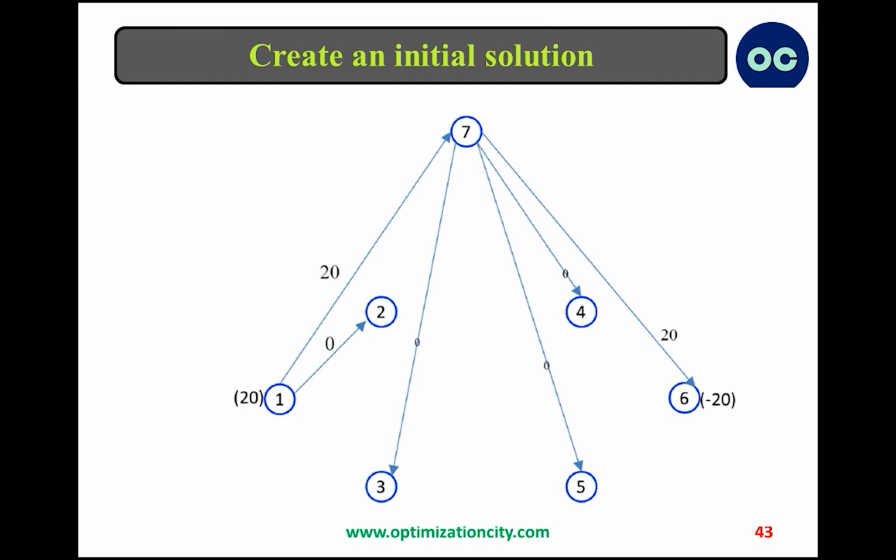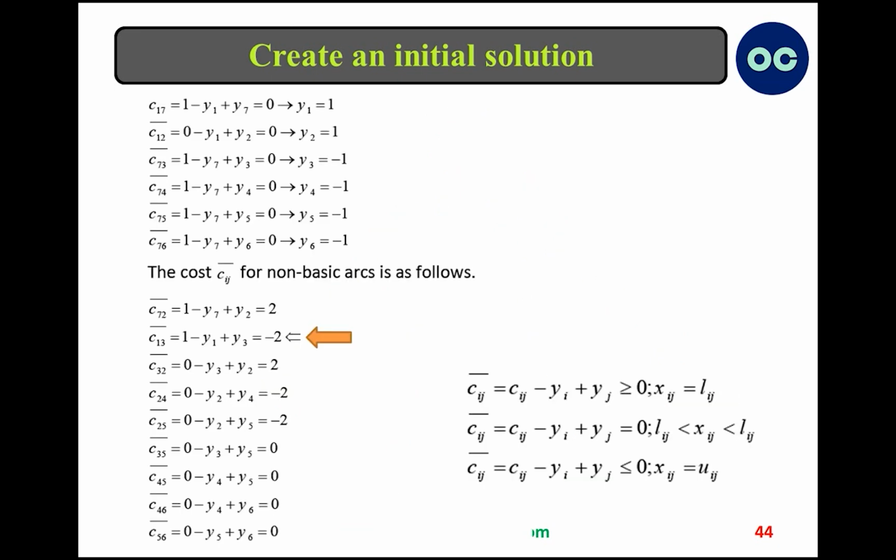Assuming again y7 is equal to 0, we can calculate the value of yi for all nodes using the equation Cij minus yi plus yj is equal to 0. So we can calculate the Cij bar again for all non-basic arcs as follows.